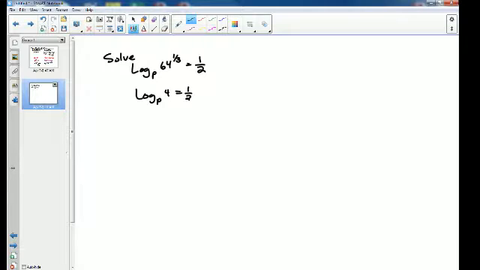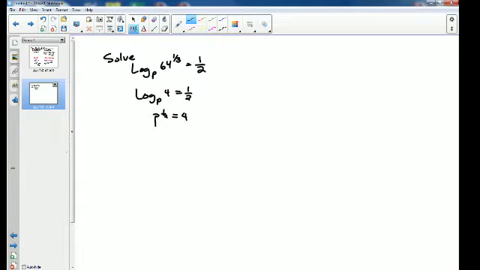There's another option. How are you gonna solve it then? This is a good one for turning it into an exponential, because it helps you see what you have to do.